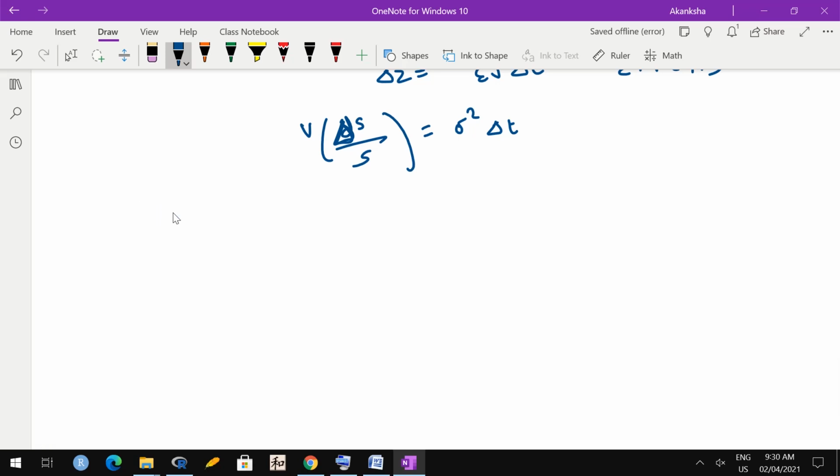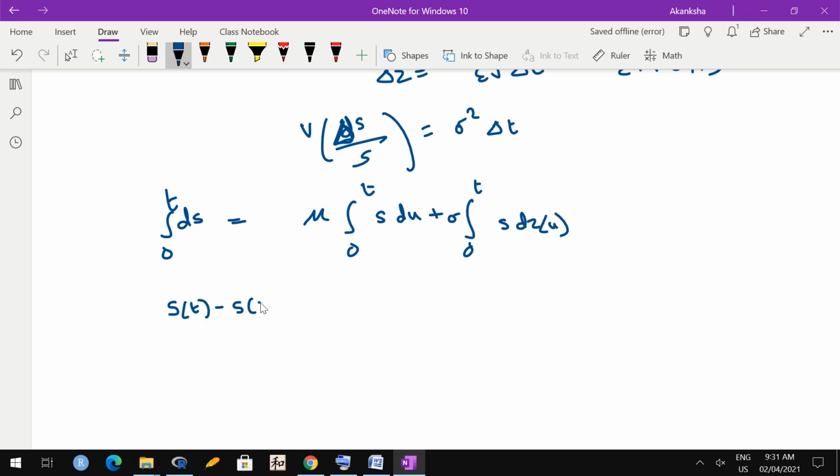We can also write the same thing in the integral form. The integral of dS from 0 to t is mu times the integral from 0 to t of S_u du, plus the integral from 0 to t of sigma, which can stay outside, S_u dZ_u. So S_t minus S_0 equals mu times the integral of S_u du plus sigma times the integral of S_u dZ_u.